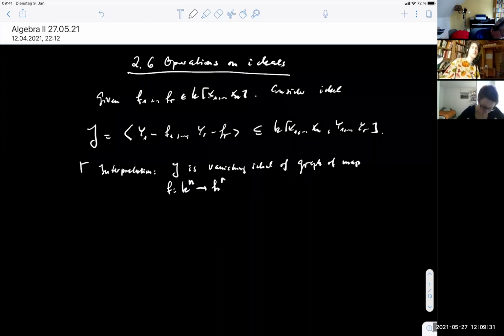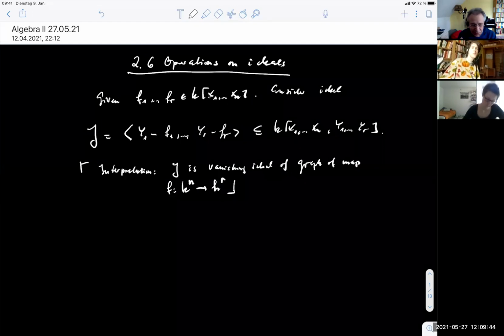And this F just has the components f1 up to fr. So we discussed this last time in quite some detail, but in order to be very clear here, it's good to assume that the field is algebraically closed, etc. Okay, this is just side information.